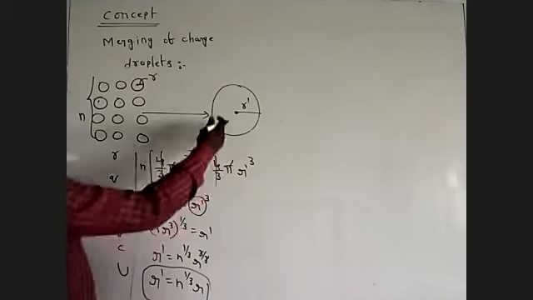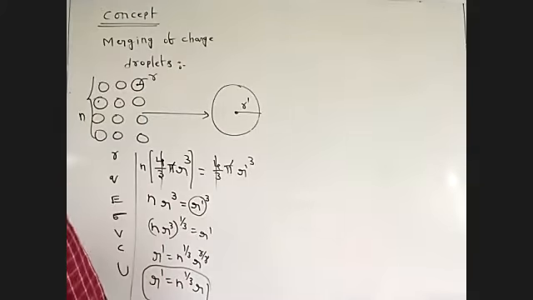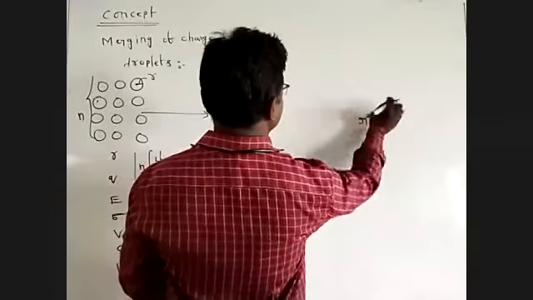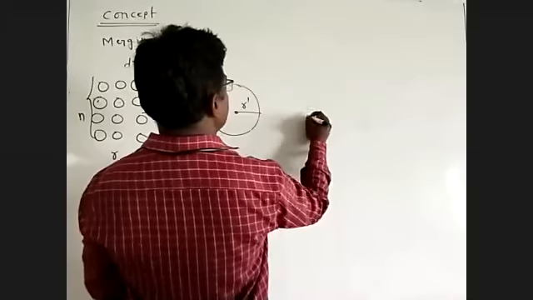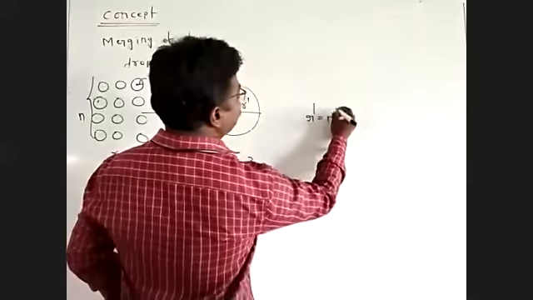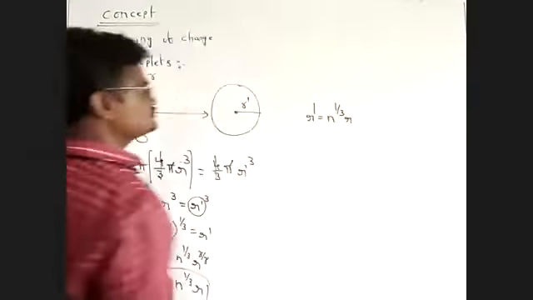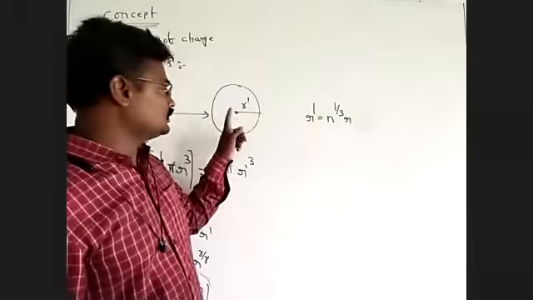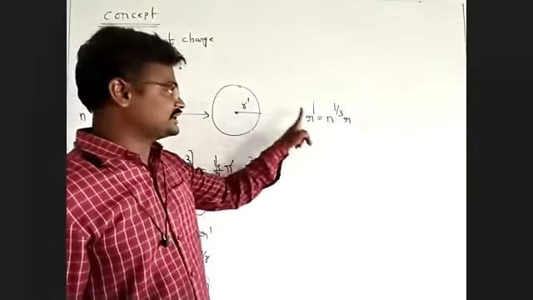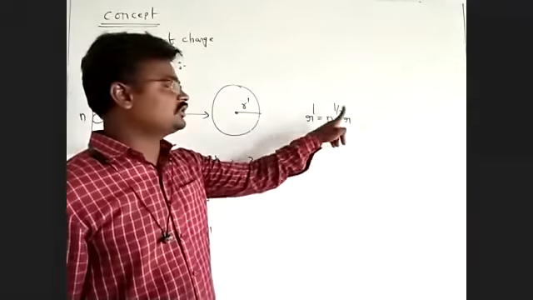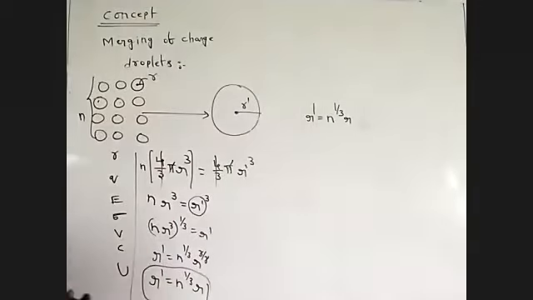That is the radius of the large water drop: r dash is equal to n power of 1 by third into r.